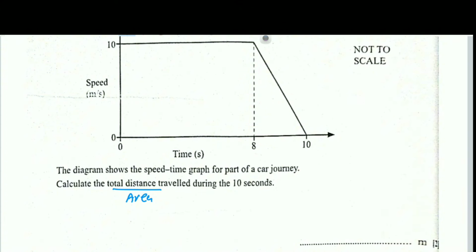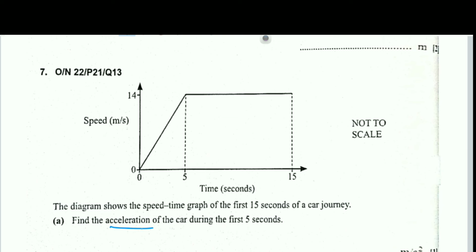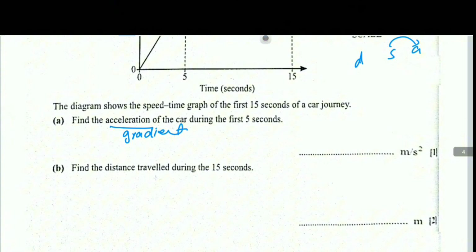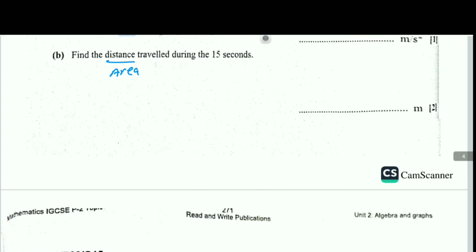So you can easily use the formula of area of trapezium here. Question number 7, acceleration means gradient. As I told you, you have to find gradient if you are going to find acceleration from speed, DSA. Distance means area here. So you can easily use the formula of area of trapezium here.